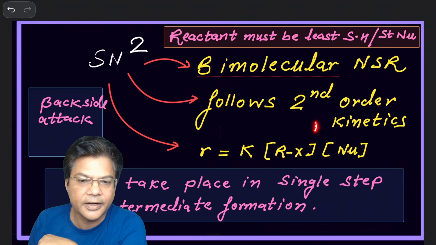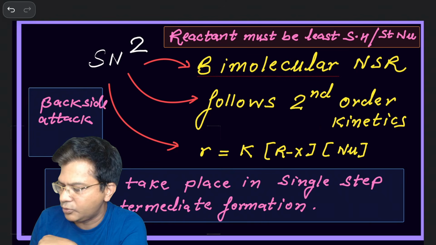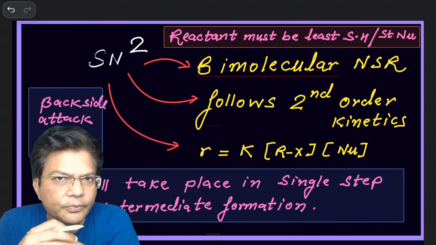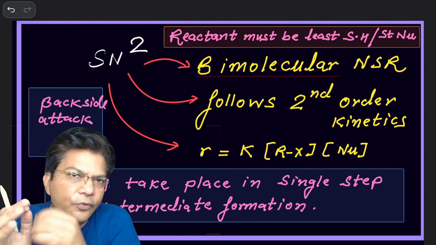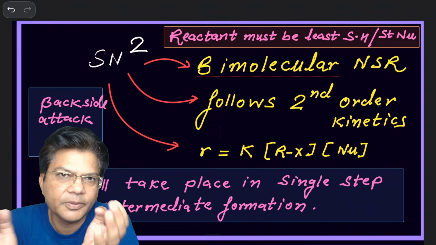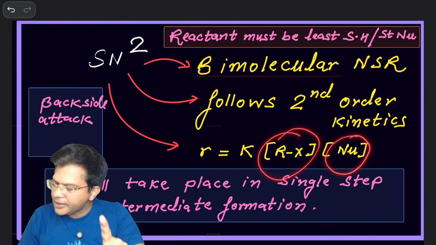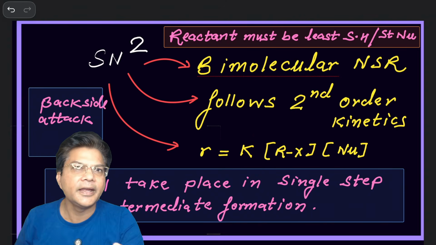With respect to the reactant the power is 1, and with respect to the nucleophile also the power is 1. So it will follow second order chemical kinetics.